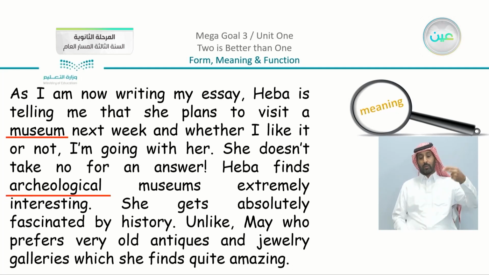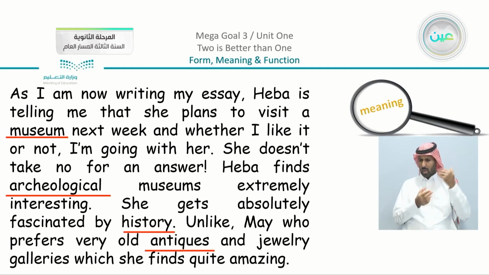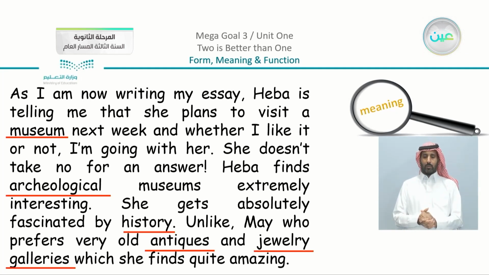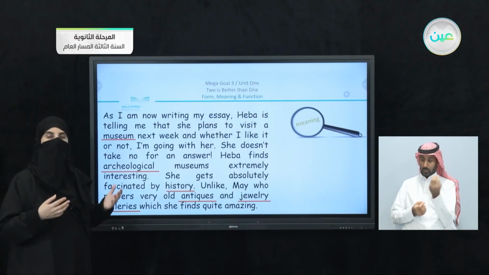Hiba finds archaeological museums extremely interesting. She is fascinated by science, unlike May, who prefers very old antiques and jewelry. So we have here these words. Now all of these words, they are connected to museums, to galleries.